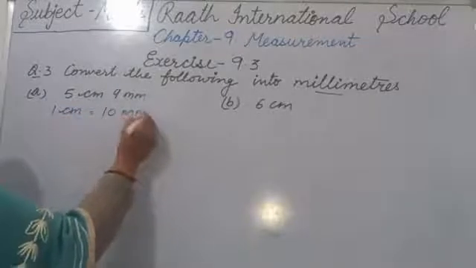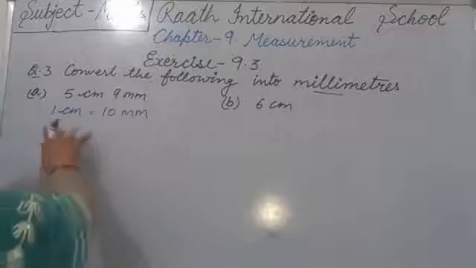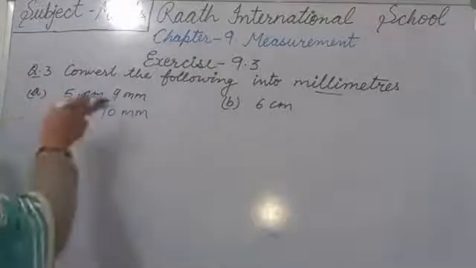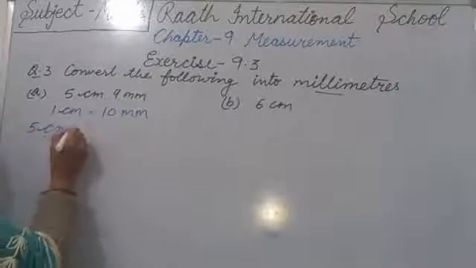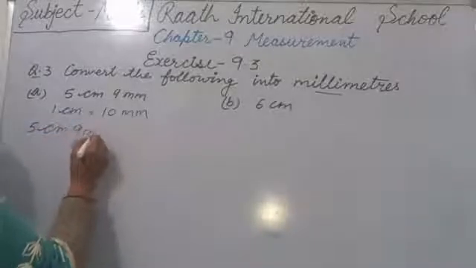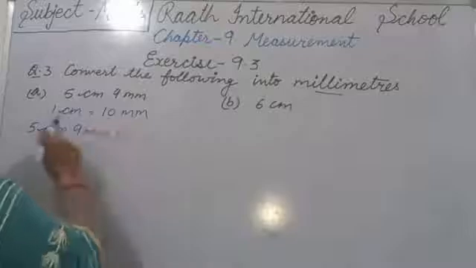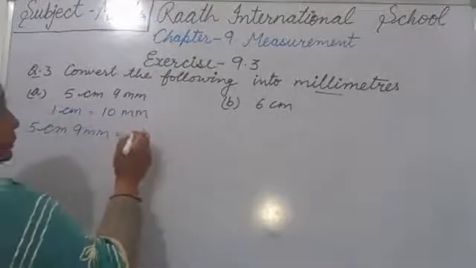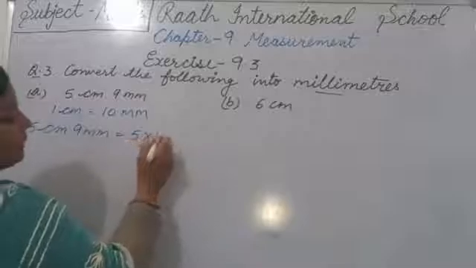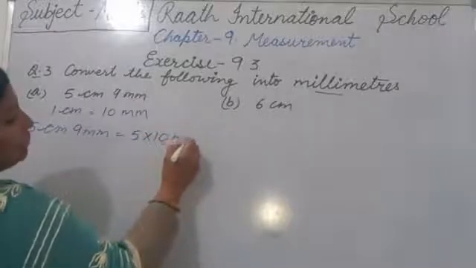Centimeter is big and millimeter is small. So big to small we will multiply. Now take our question, 5 centimeter 9 millimeter. 1 centimeter equals to 10 millimeter, so 5 centimeter, 5 multiplied by 10. Now it's become millimeter.